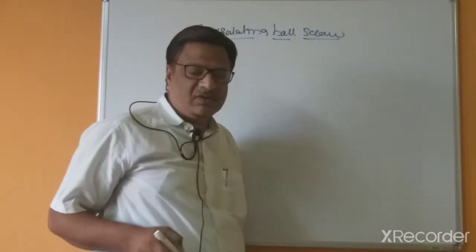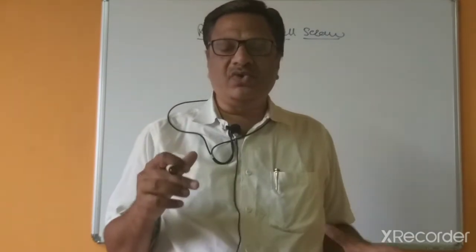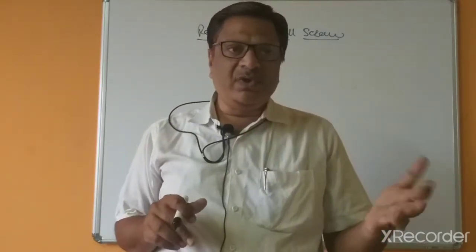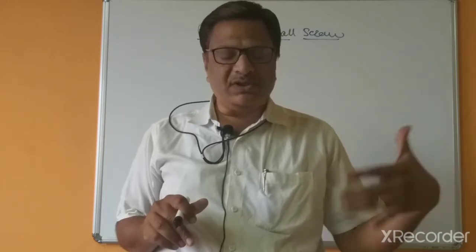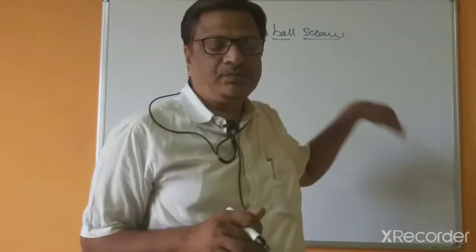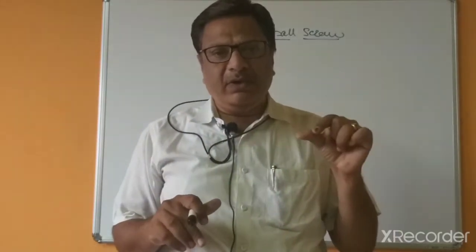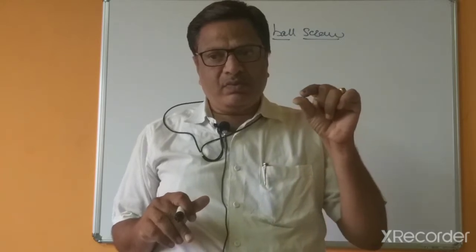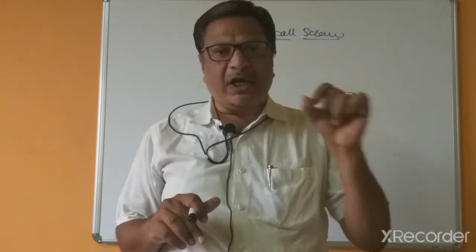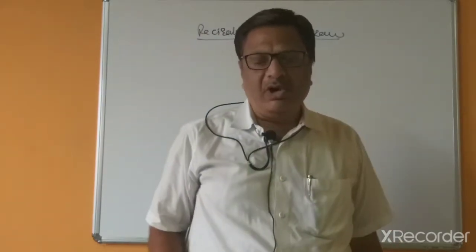So how is this recirculating ball screw different as compared to conventional screw jacks? In the conventional screw jacks, the thread may be square threads, trapezoidal threads, or acme threads. But in the recirculating ball screw, the play between the trapezoidal or acme threads is filled up by using balls.